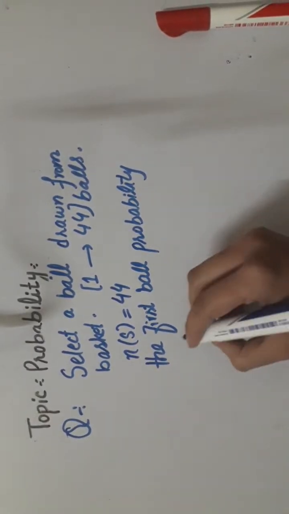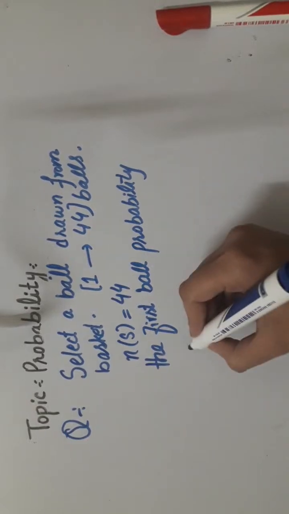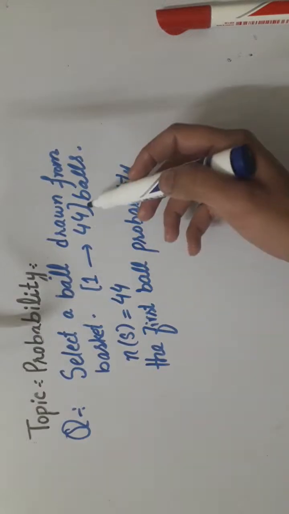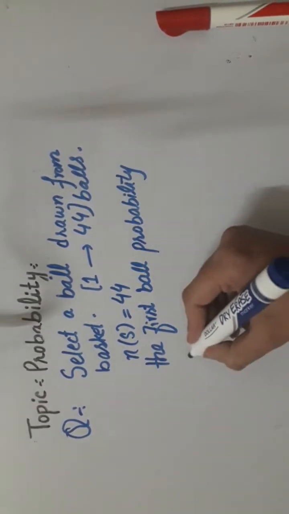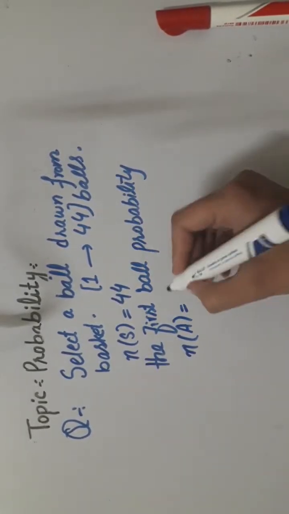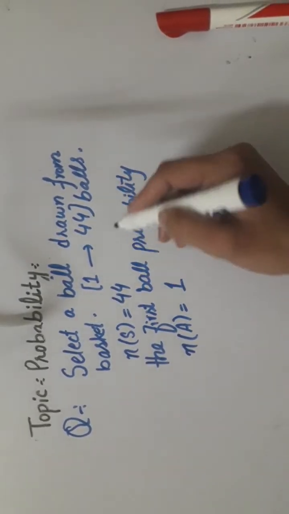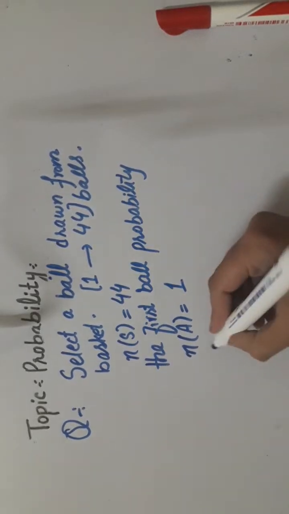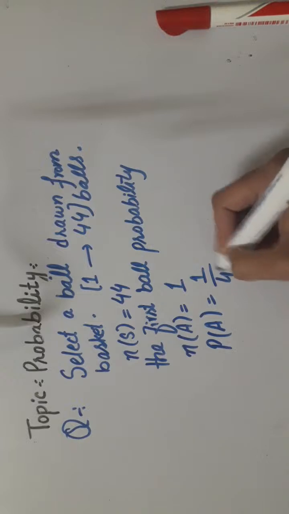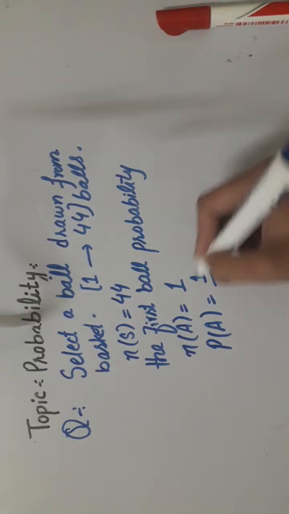So the favorable outcome is from 1 to 44, any ball. So the number of elements in this set will be just 1, because any one ball is drawn. So the probability of A will be 1 by 44. This is the answer.